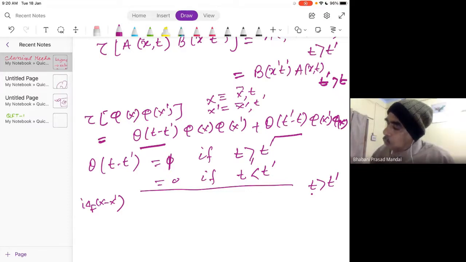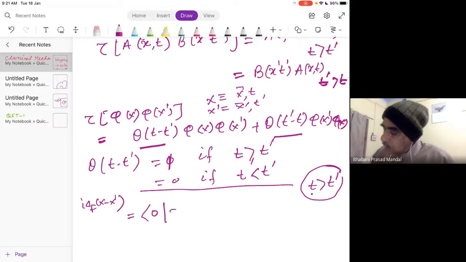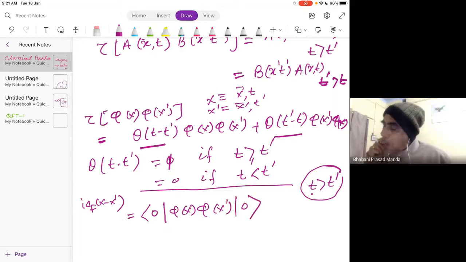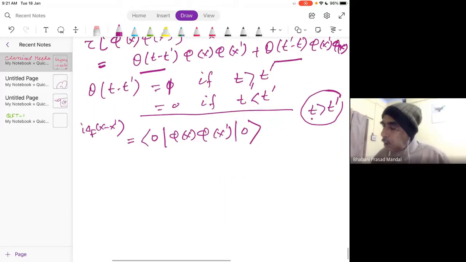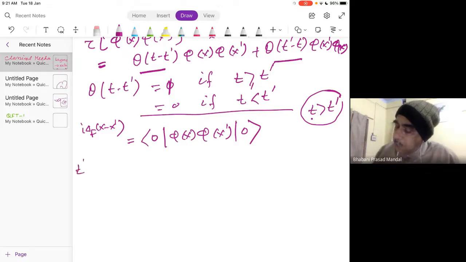To interpret the propagator, I am taking this condition. In this condition, the vacuum expectation value has no T, and the first term survives: phi(x) phi(x'). When t' is greater than t, the Feynman propagator will have the vacuum expectation value of phi(x') phi(x).